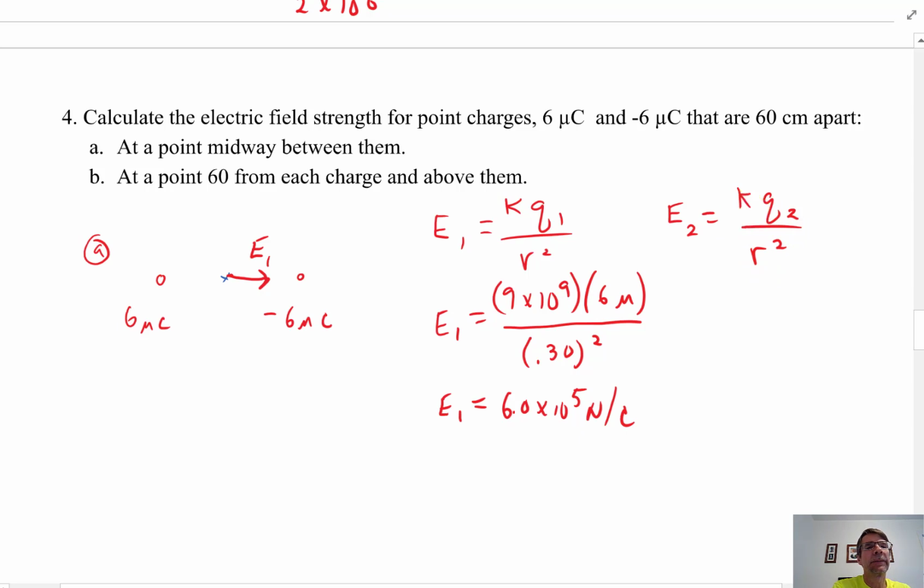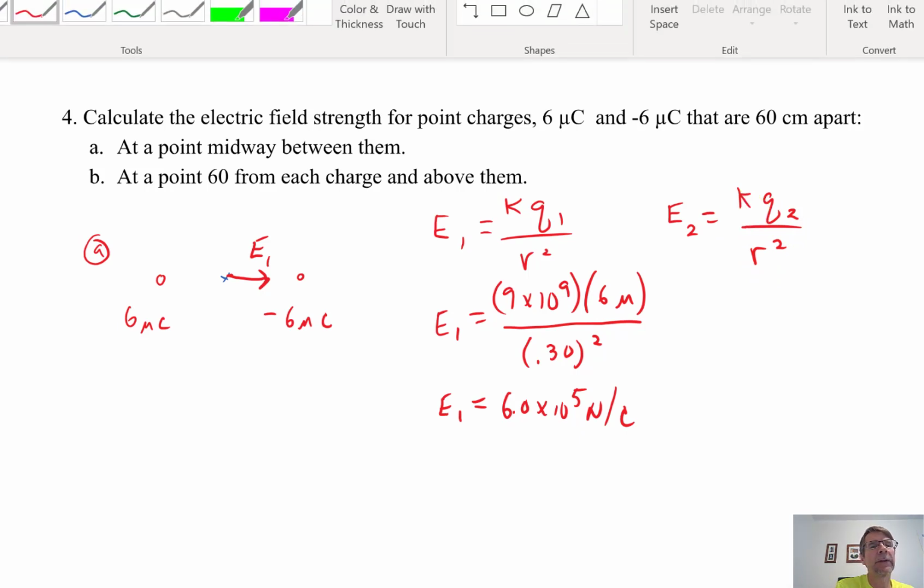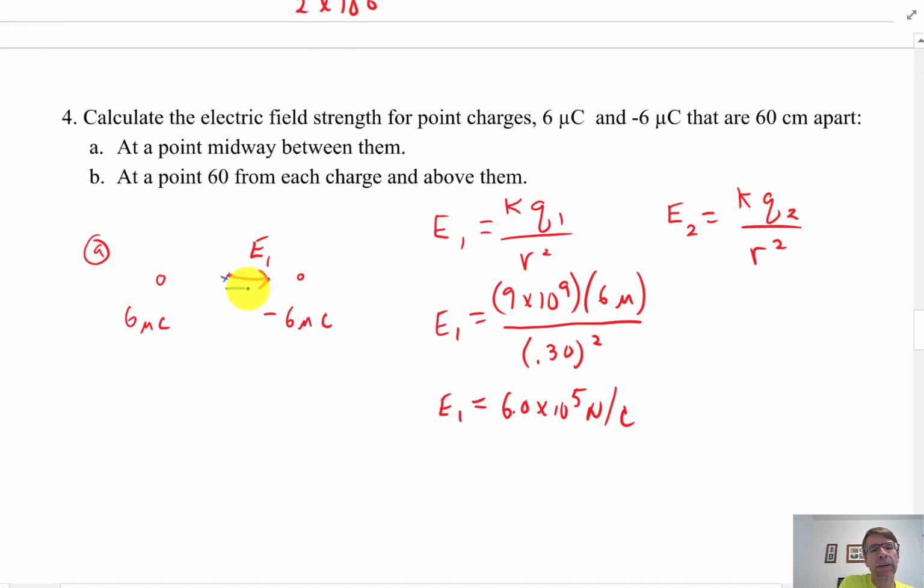From my negative 6 microcoulomb charge, E2 should be drawn the same length. It's also to the right because electric fields point towards negatives. That's why the blue one points towards the negative 6, which is a negative charge.